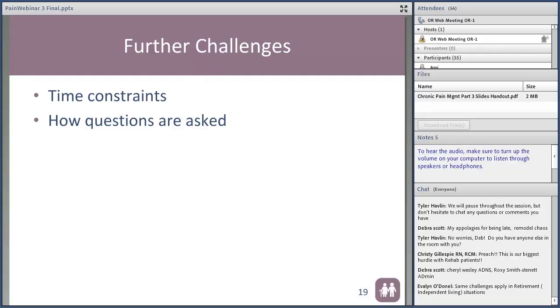The problem that I see is that sometimes we don't really do a comprehensive assessment of pain until that MDS. And so a lot of what I'm going to be talking about is how we need to really initiate that process from day one, because looking at the potential decline in the resident's function, if we deal with this from day one, it can potentially avoid some of those other complications that take a lot of our time.